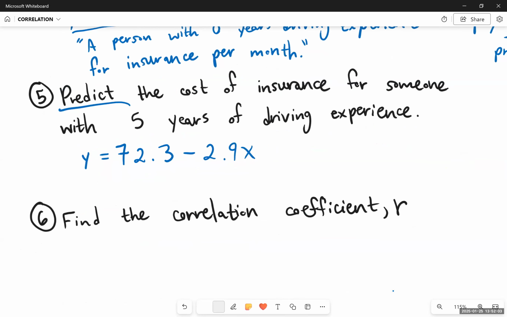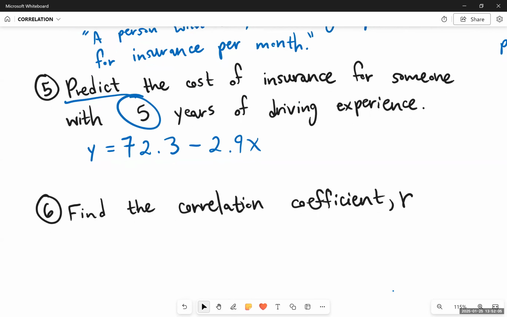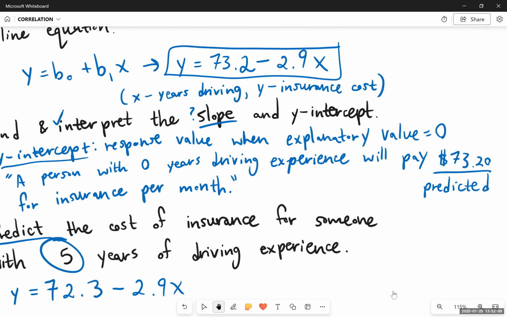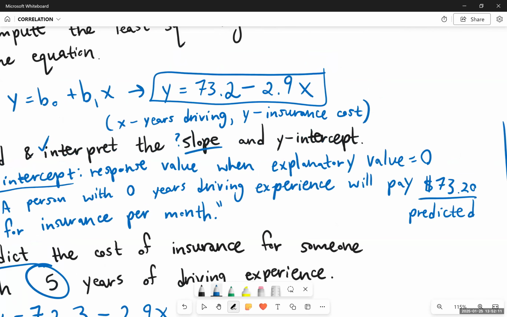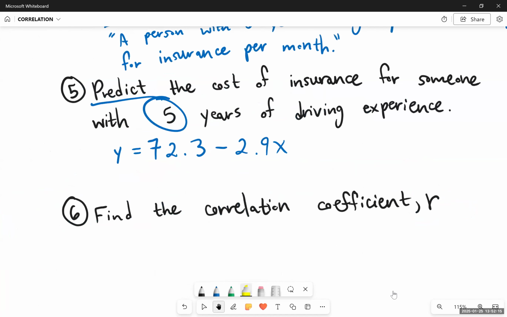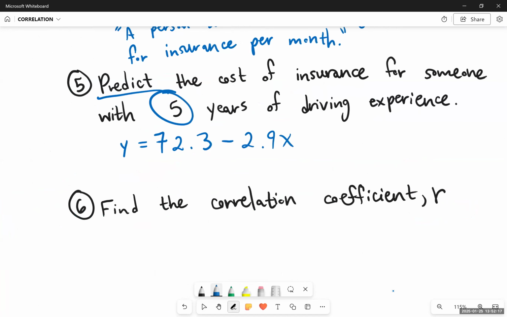And think about, where does this 5 go? Does it go in for X or does it go in for Y? Again, it's really helpful that we already indicated to ourselves that X stands for the years of driving experience. So since 5 is years of driving experience, that tells us we plug it in for the x. So 72.3 minus 2.9 times 5. Put that in a calculator, and I'll do a quick calculation on the side.